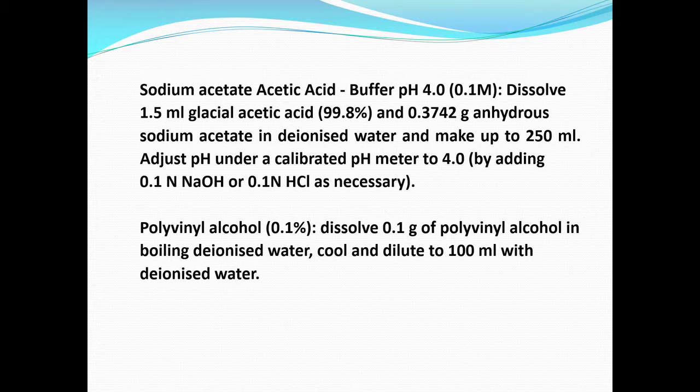For that, you have to dissolve 1.5 ml of glacial acetic acid and 0.3742 gram of anhydrous sodium acetate in deionized water, and make up to 250 ml. You have to adjust the pH to 4.